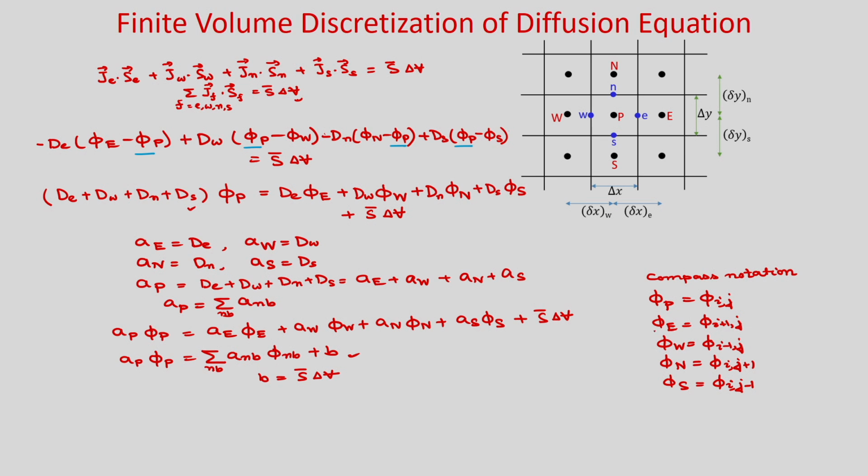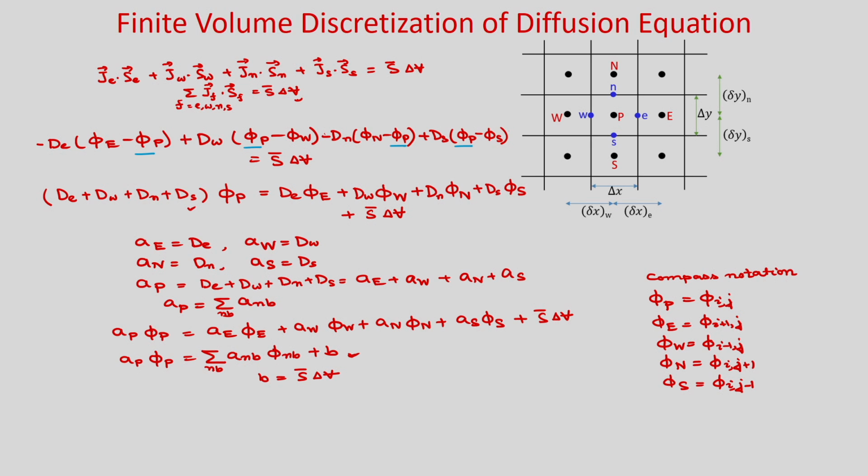Now you need to solve this discretized equation using a suitable solver, and in the finite volume method generally we write it in this a p phi p form, where phi p denotes phi i j.